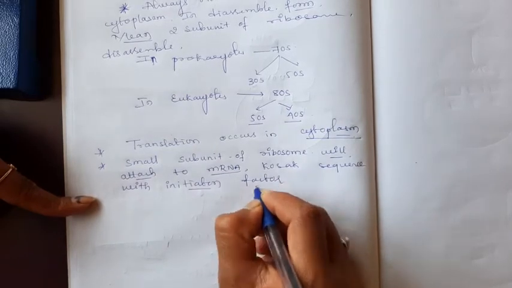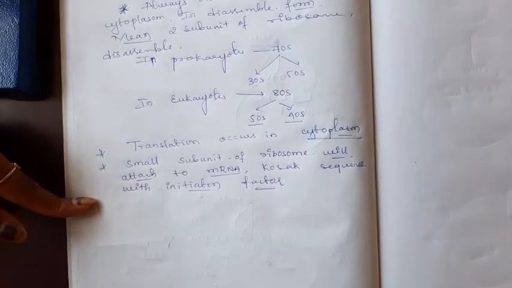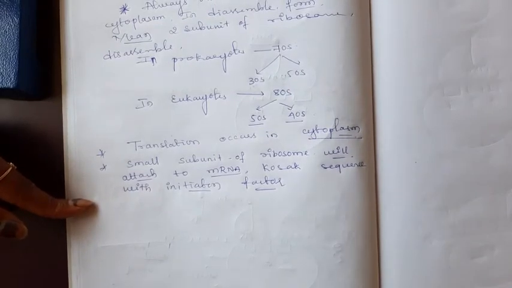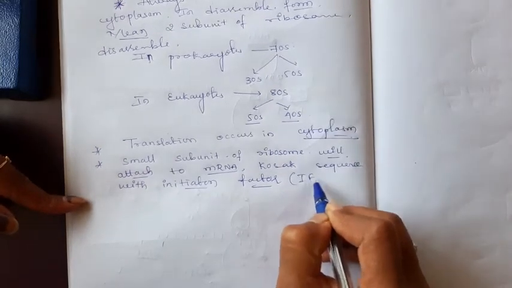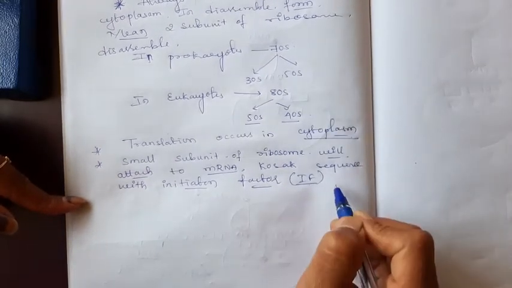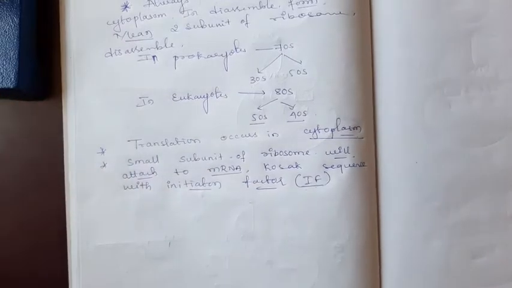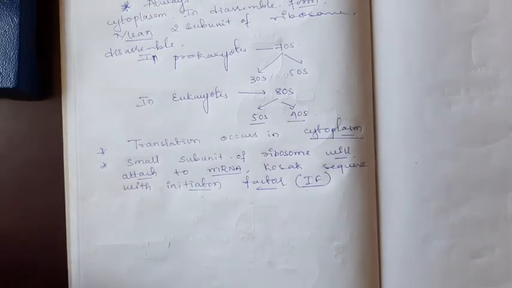These are the few factors which help in the initiation of the translation process, known as IF, initiation factors. Initiation factors present in the cytoplasm will bind to the small subunit of the ribosome, then that small subunit binds to the mRNA.